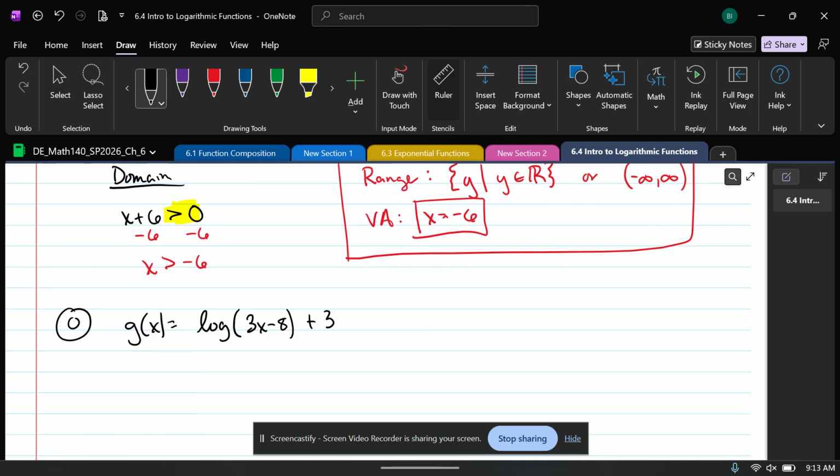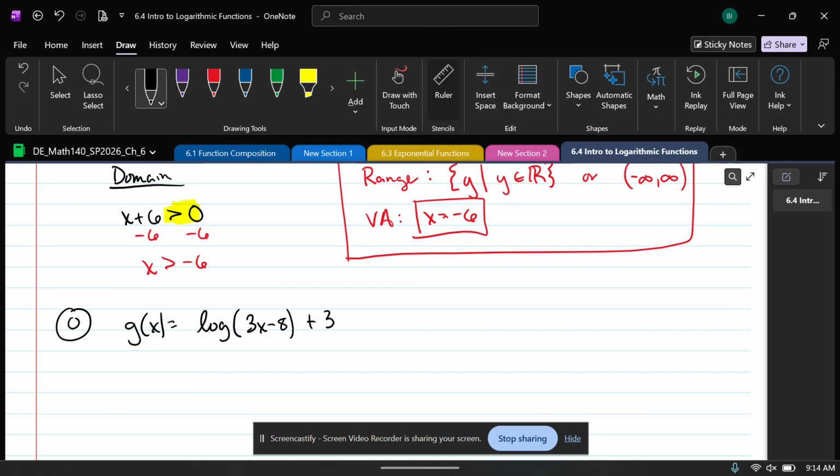This plus 3 on the outside is not going to change the domain at all. Because if we think about transformations, it's a vertical shift up 3. So it's not doing anything to the domain because domain is left and right. The only things that are happening to left and right are happening inside here. So that's the only thing that's going to affect domain. So anything outside of the logarithm doesn't affect domain. We don't have to worry about it.